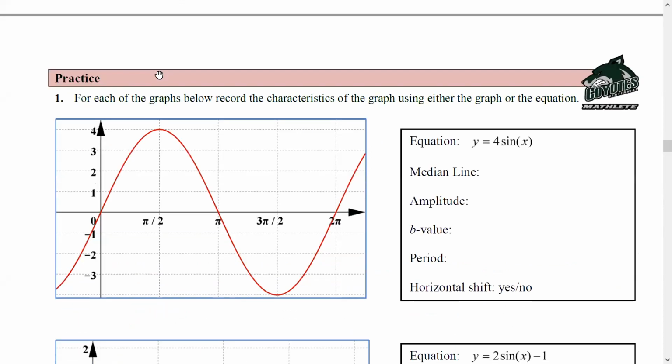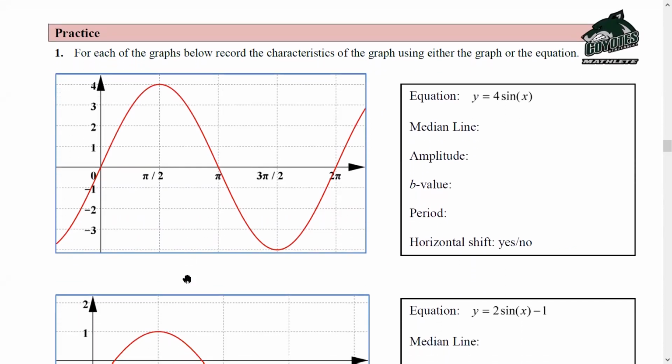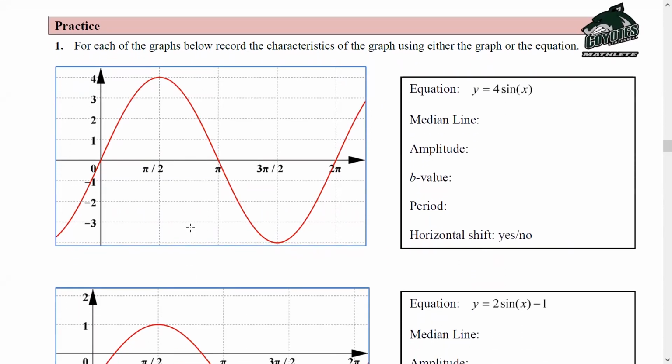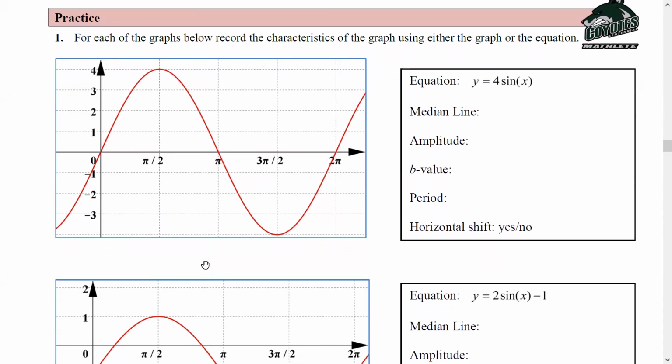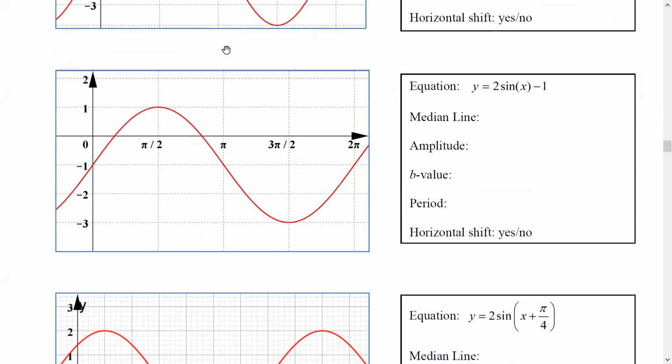All right, let's look at just one quick practice question. If I give you a graph, let's do the second one, here's how I'm going to analyze it. First thing I'm going to do is draw the midline in. Bang, I know that's my D value. Then I find my amplitude. I count right there.